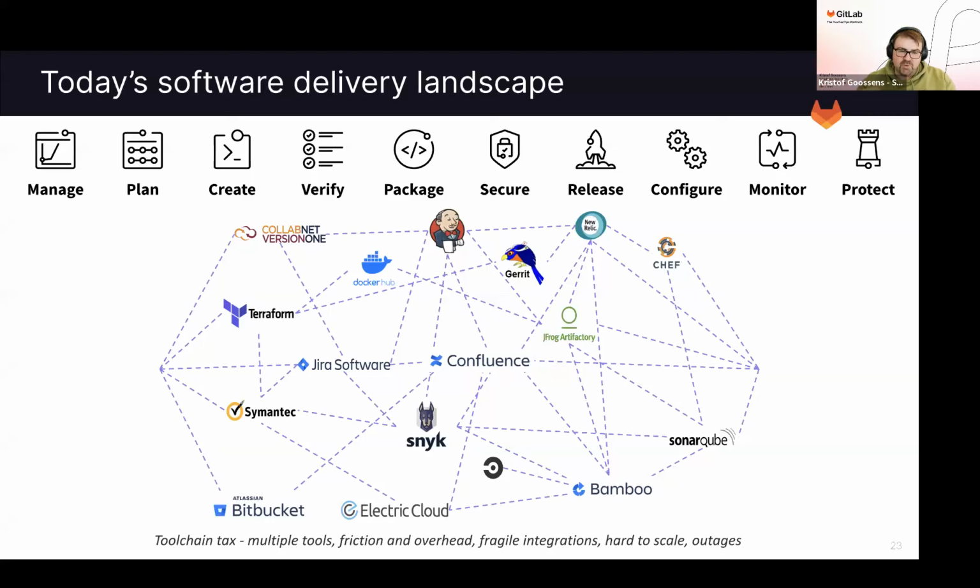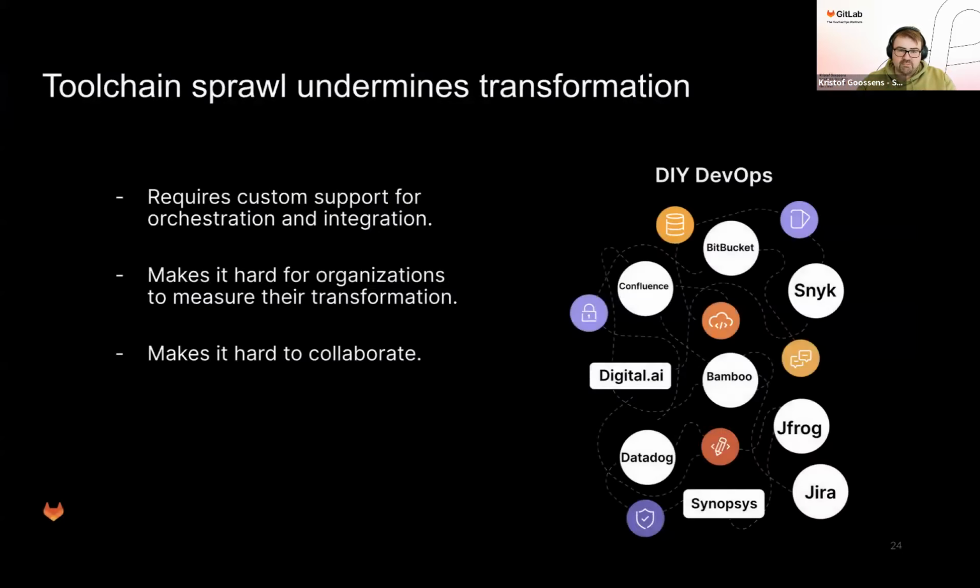We had a need for more capabilities, which meant selecting a tool and adding the tool to our tool chain. Unfortunately, that becomes a tool chain sprawl.